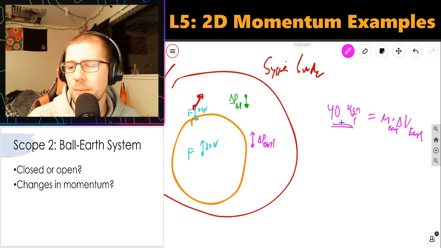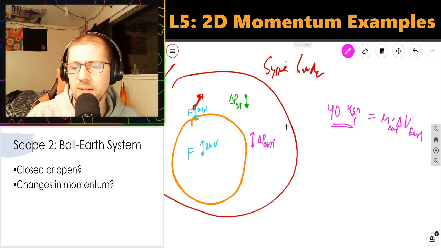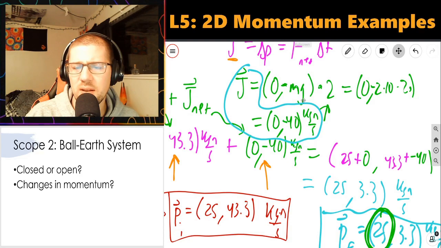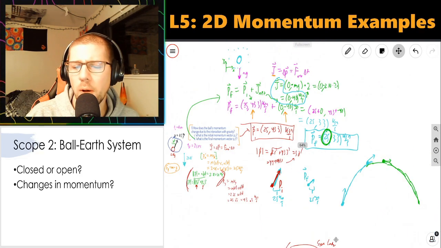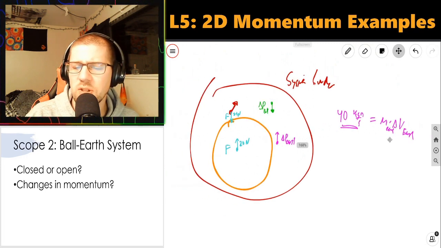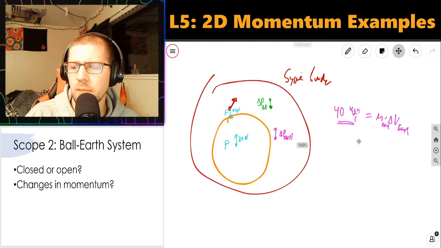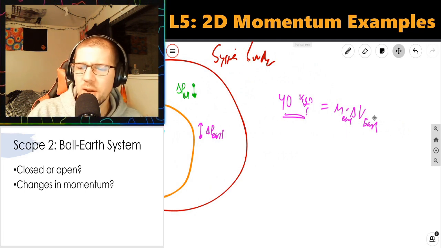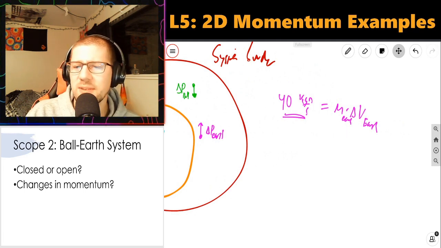And again, the 40 comes from the part above, where we solved for the change in momentum of the ball. So they cancel each other out, so to speak. Total momentum is conserved. So 40 kilogram meters per second for the Earth as a subsystem.